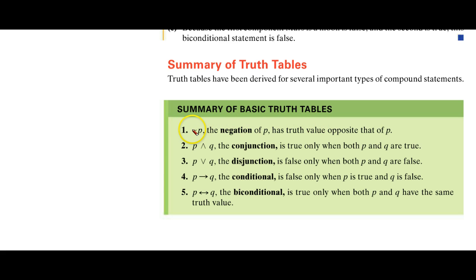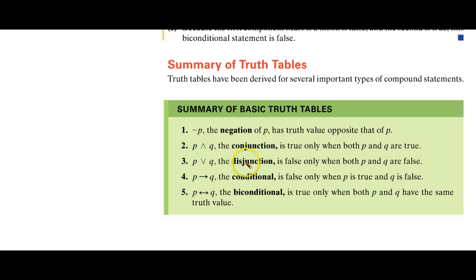So, not P, that is, the negation of P, has truth values opposite that of P. Now here's the AND for the conjunction P and Q. The truth value is true only when both of these are true.